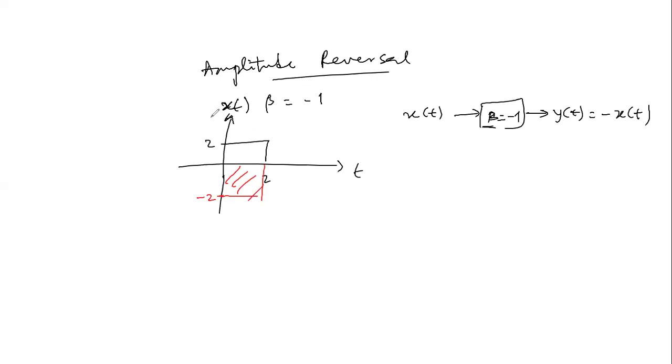Okay, this is amplitude reversal. I hope you were not logged out when we talked about time reversal. No, sir. Okay, the same principle applies. Beta is the same as -1, but this time the -1 applies only, or better still, manipulates the amplitude and not the time scale. So we have S of t going into a system defined such that beta is the same as -1. And now this only has impact on the amplitude such that y of t is the same as -S of t.